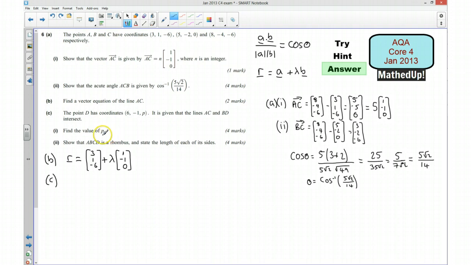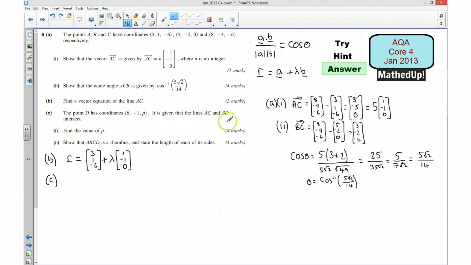Now, in order to find a point of intersection, which I'm guessing I need to do to work out what the value of p is going to be, I need to have an equation of the line BD as well. So I've already got AC, which is this one here. So I also want to have an equation of the line for the vector BD.